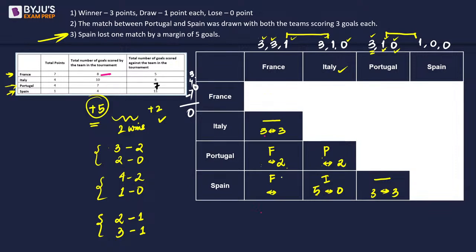Spain lost 1 goal at a margin of 5. तो मेरे को लग रहा है मैंने ये वाला गड़बड़ लिख दिया था क्या? So Spain ka so far 3 is done. Spain is going to make 1 goal. So for this one, France has to make 2 or 3.